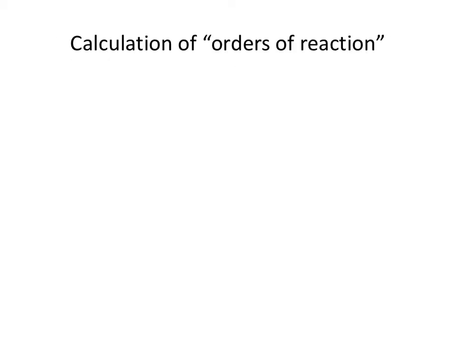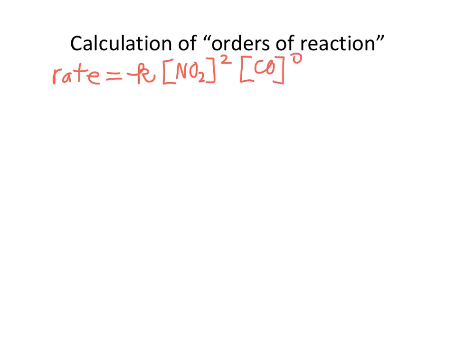Okay, what we'll actually do is go ahead and calculate the rest of the rate law and determine the value of the rate constant. So we have rate equals K NO2 squared, CO to the 0, so we know that this is going to be 1.